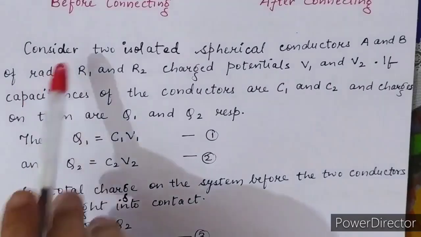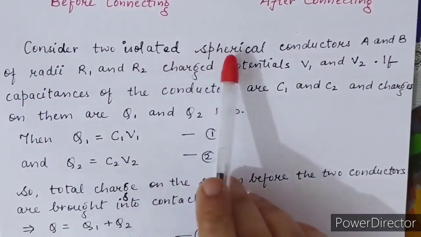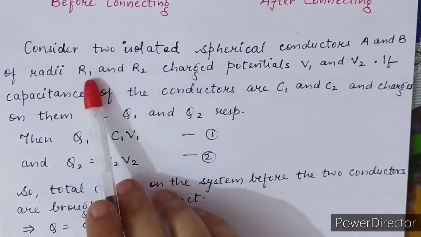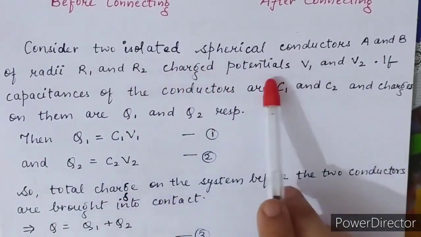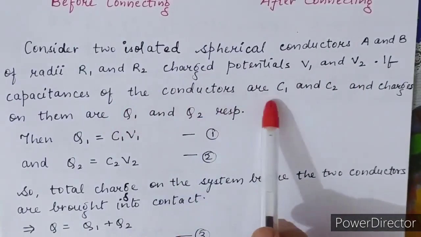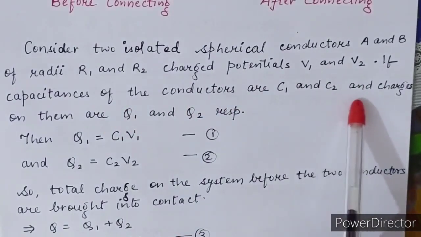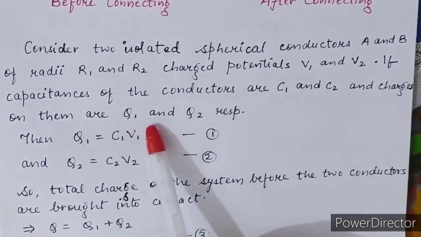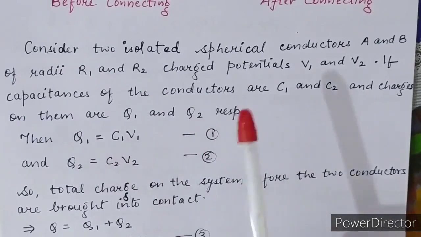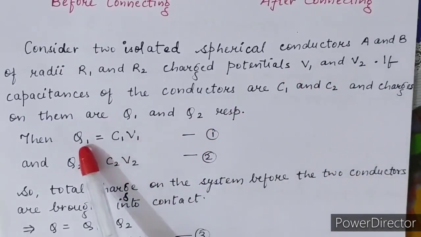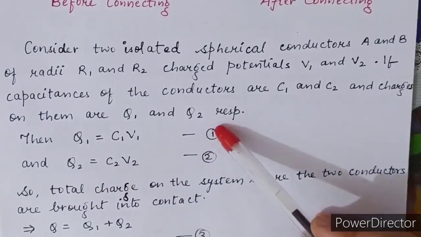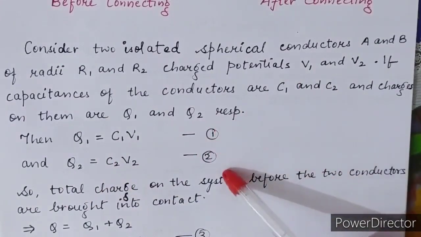If the capacitances of the conductors are C1 and C2 and the charges on them are Q1 and Q2 respectively, then we know the formula Q is equal to CV. So for charge Q1 it is C1 V1, and Q2 is C2 V2, equation number 1 and equation number 2.